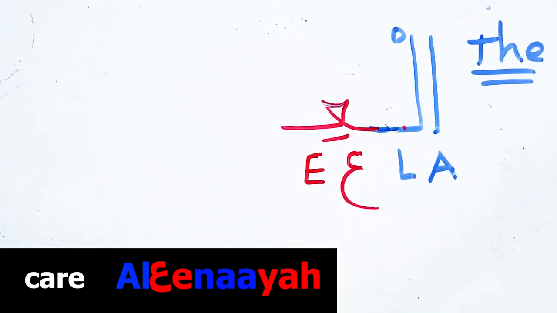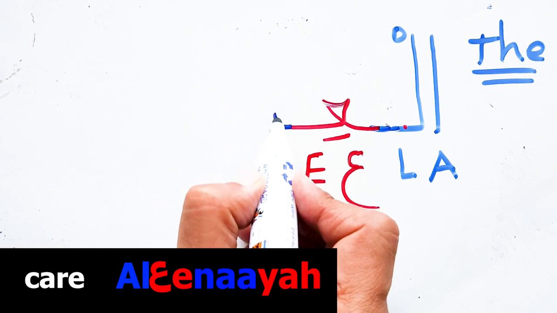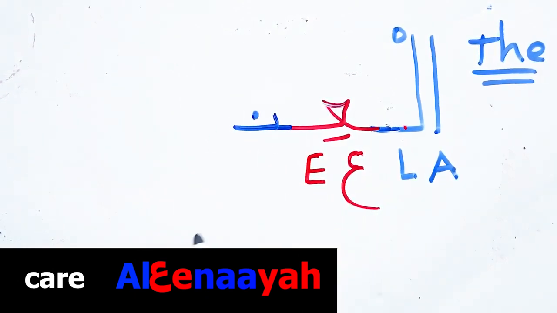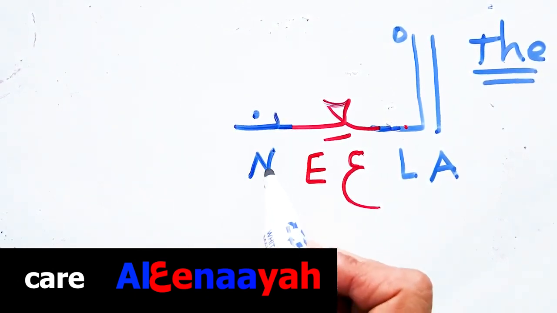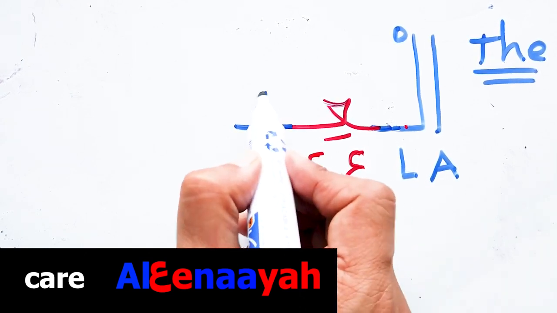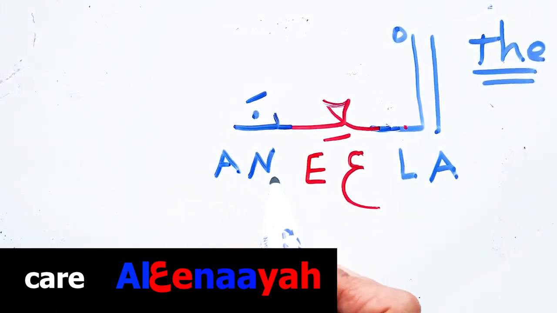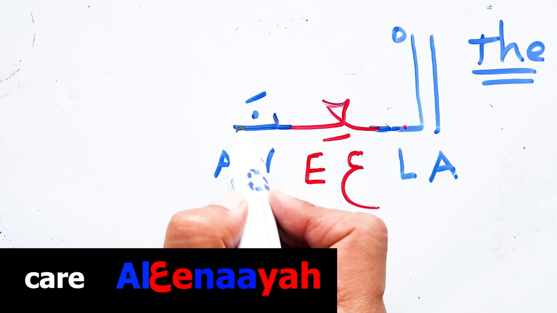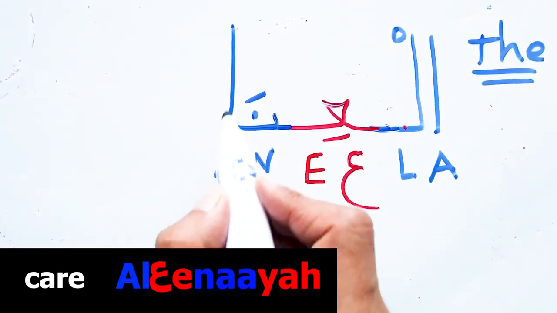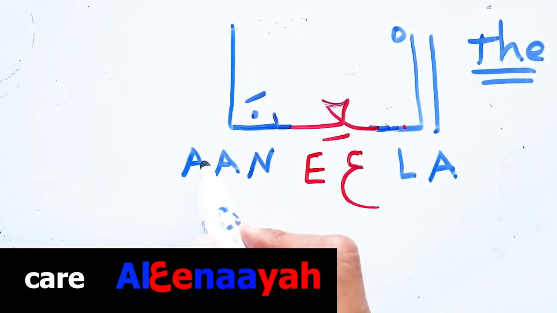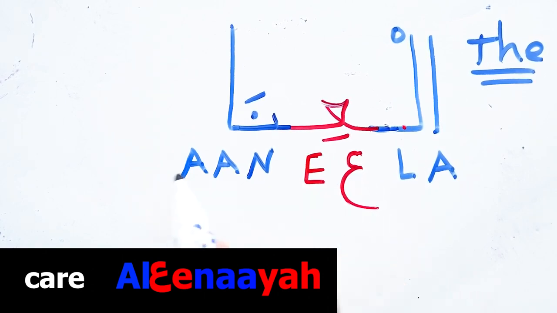I. The sound of N. The sound of A. العينا, long vowel, alif. So I will add another A here.